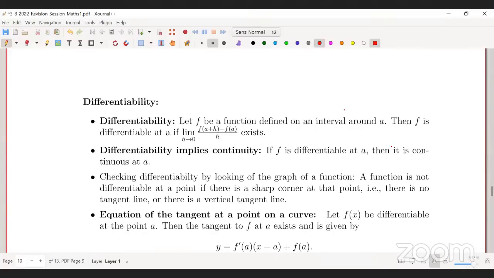So you have a function which is defined on an interval around A. Then you say that this function is differentiable at A if this limit, as h tends to 0, of f of A plus h minus f of A, divided by h, exists.